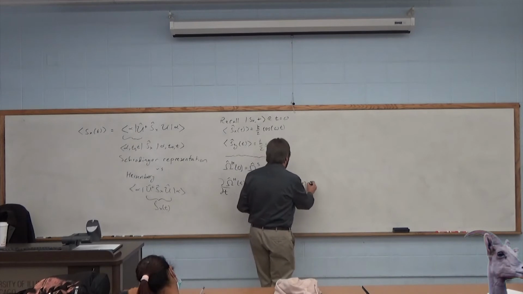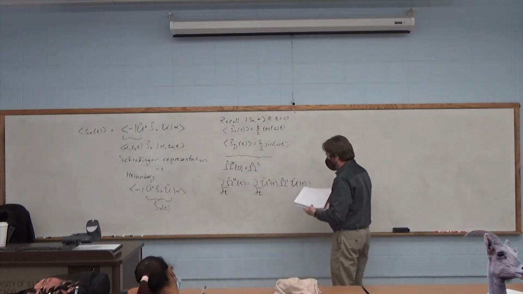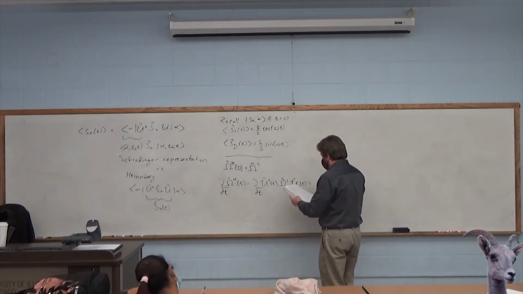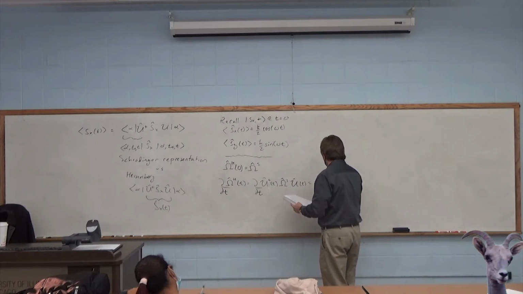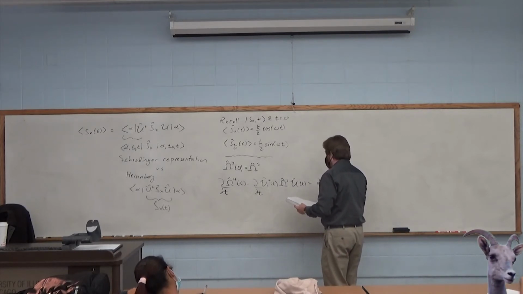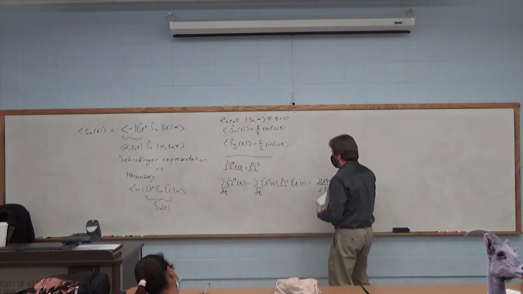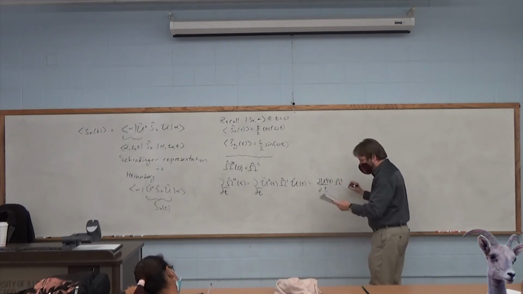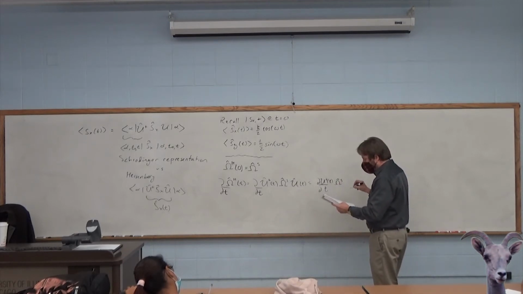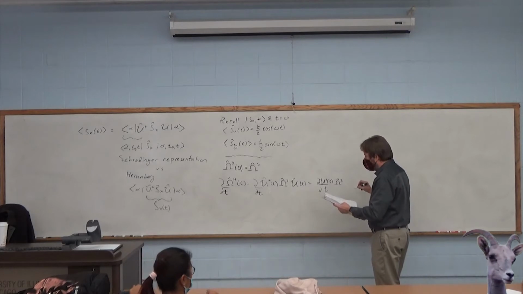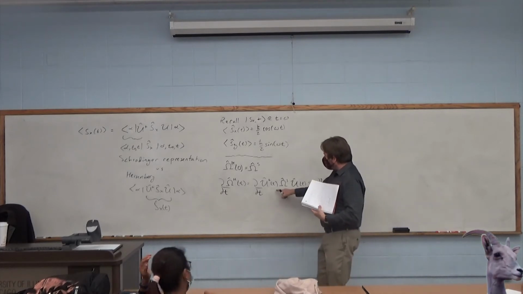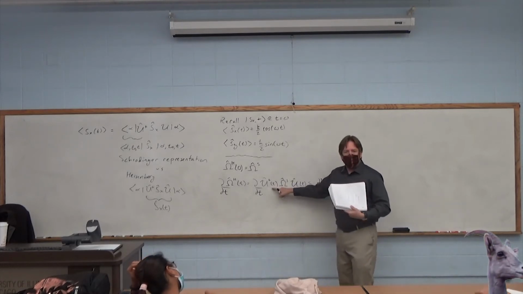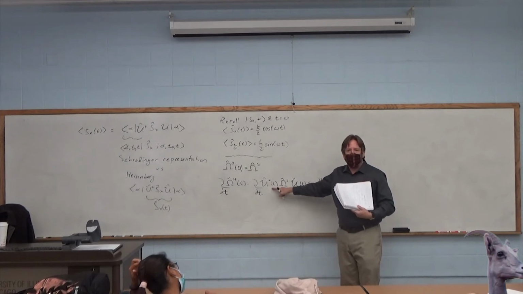Now again, the Schrodinger operator doesn't have anything in it, so we're going to have a product rule, kind of like we had with that identity. And by the way, that identity, remember that one more question you had?